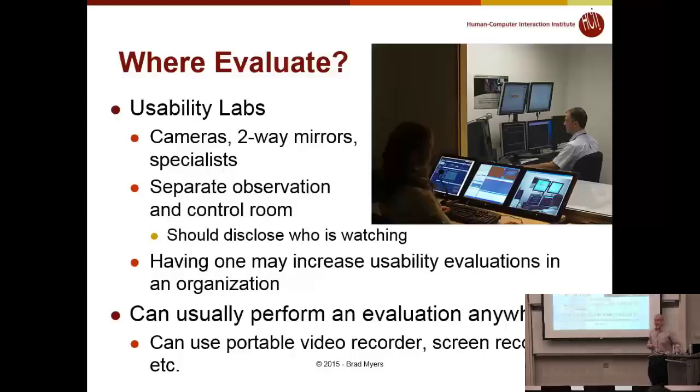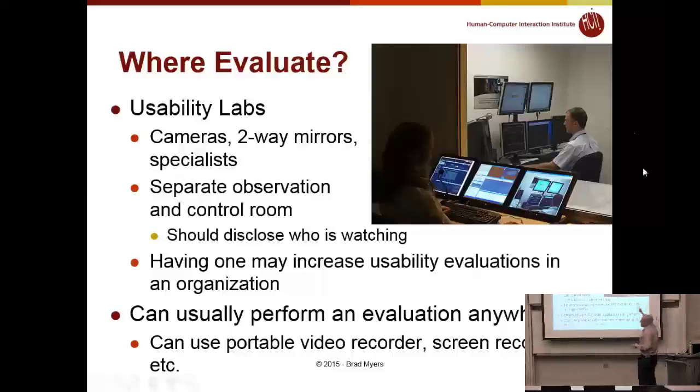So a usability lab is kind of a nice-to-have thing. And many companies have them. We actually have two or three upstairs in the HCI area, as well as one over on Craig Street. Typically, you have a room with the computer set up that you want to test, with a bunch of cameras pointing at the user, the keyboard, the screen, and the mouse, so that you can record all the things that happen.